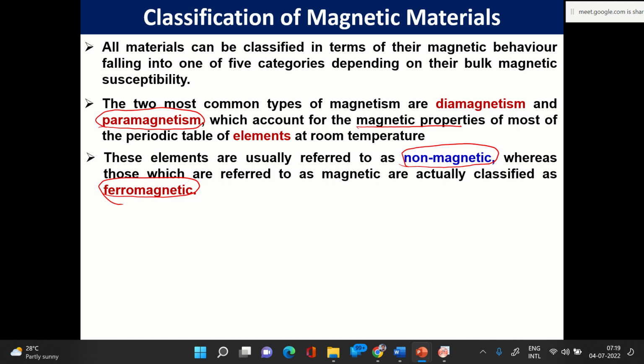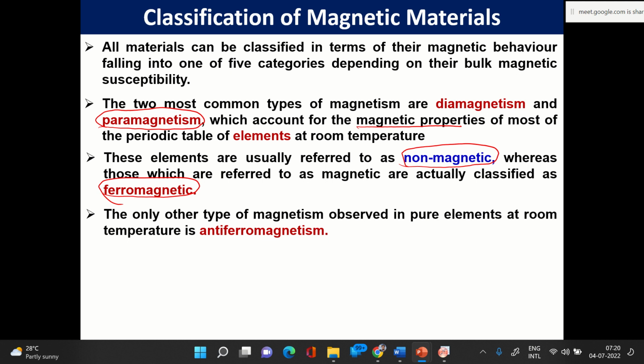The next important materials are ferrimagnetic, which also retain magnetism, but that is not found in the pure elements, as I told you. The elements that show diamagnetism or paramagnetism are said to be non-magnetic, whereas only those which show ferromagnetic behavior you call magnetic.